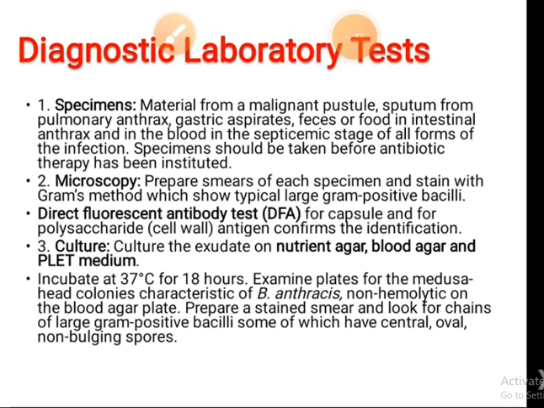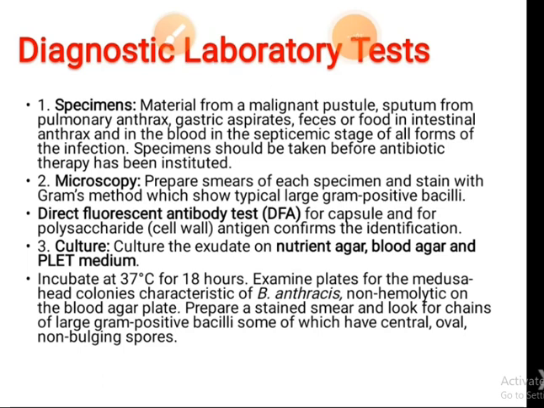In gastrointestinal anthrax, either gastric aspirate, feces, or food will be the appropriate specimen. And blood in the septicemic stage of all forms of infection is a preferred specimen. Specimens should be taken before antibiotic therapy has been instituted.